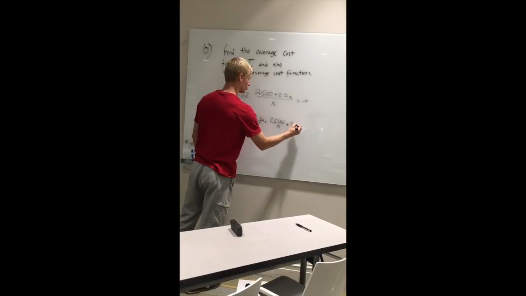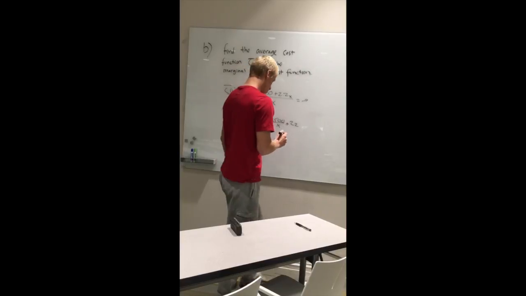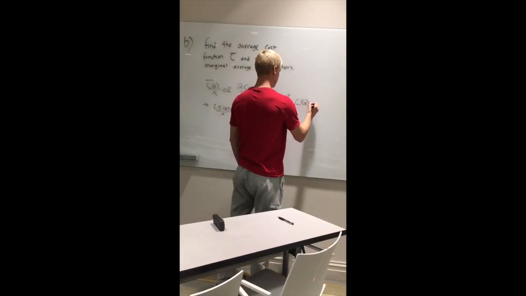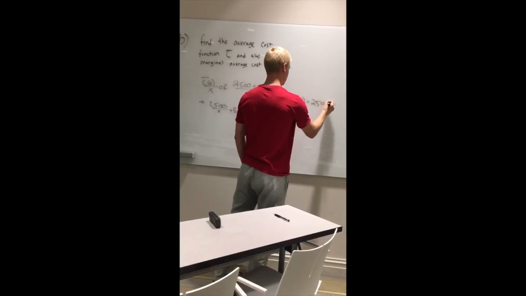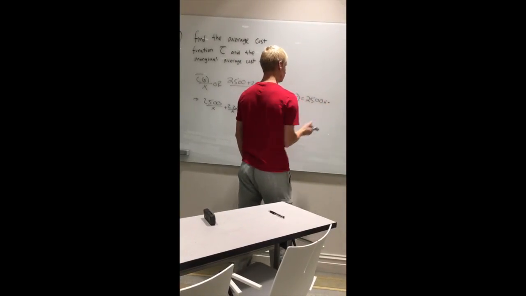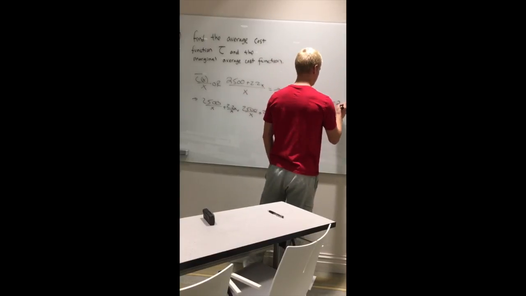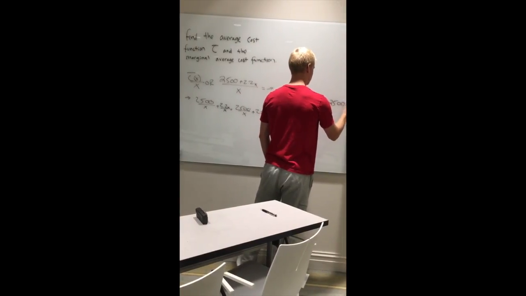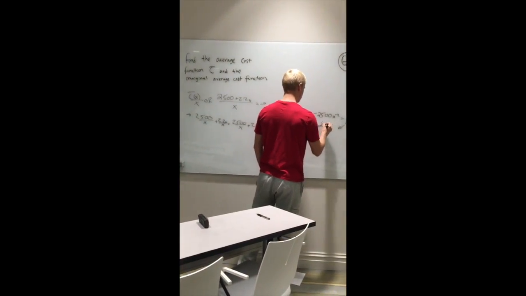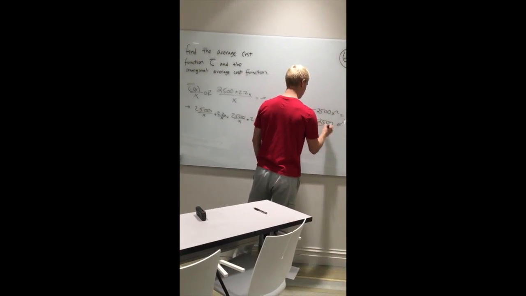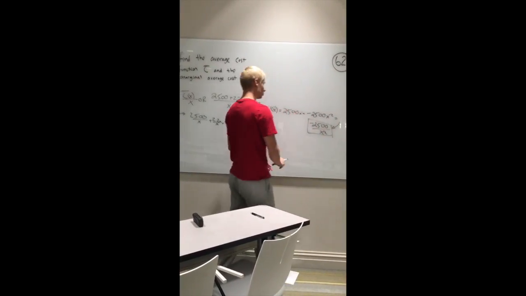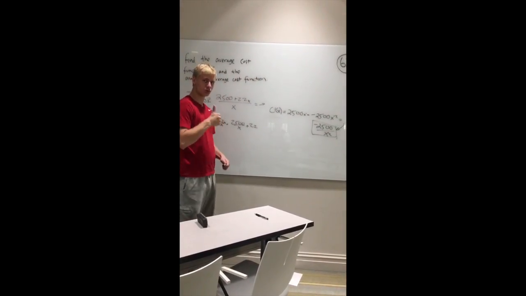So that is our official average cost function. And if we look back, we'll find that the marginal average cost function is just the derivative of that average cost function. So when we take the derivative of 2,500 over x plus 2.2, we find that it is negative 2,500 over x squared.